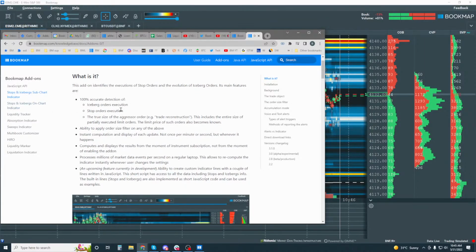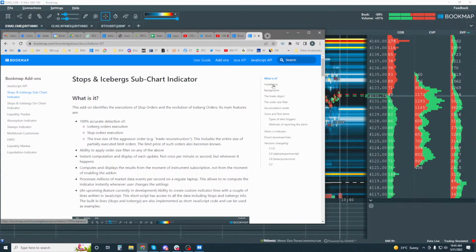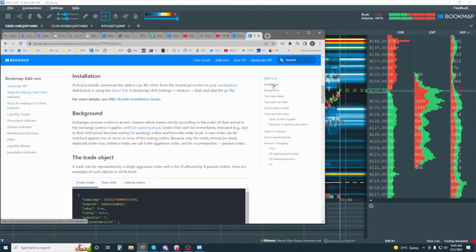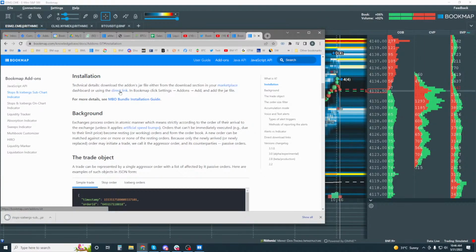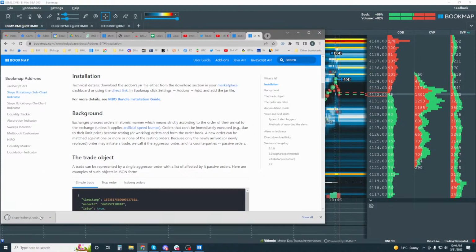Then you can scroll down, or use the quick links here to scroll down to installation, and you'll find the download here, or use the direct link. That downloads the jar file.